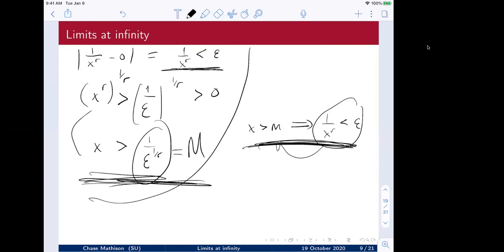Okay. But the key takeaway here is the limit as x approaches plus or minus infinity of 1 over x to the r, as long as this is defined, is equal to 0, if r is bigger than 0.